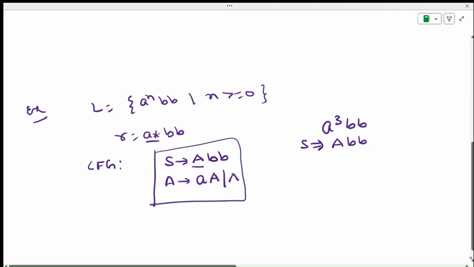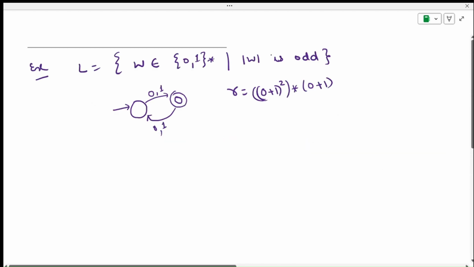The variable S is replaced by A followed by double b, and then this A is replaced by aA, again this A is replaced by aA, and eventually this A is replaced by null. This null is there, so I have triple a followed by double b. I hope this example is also clear.